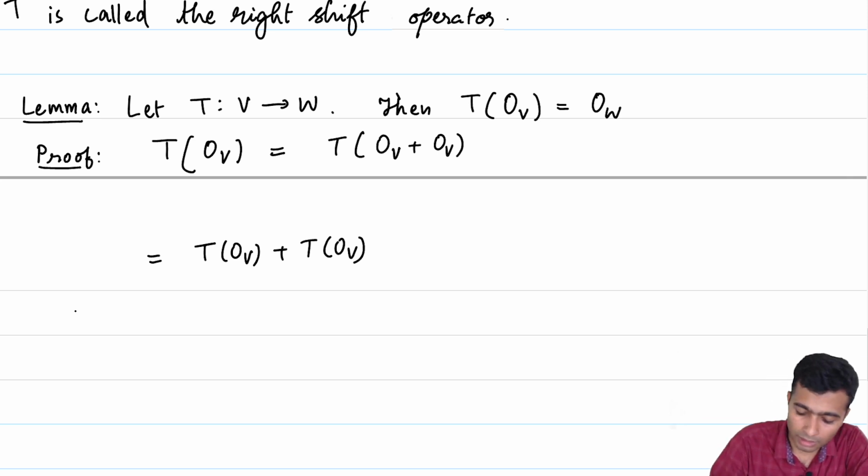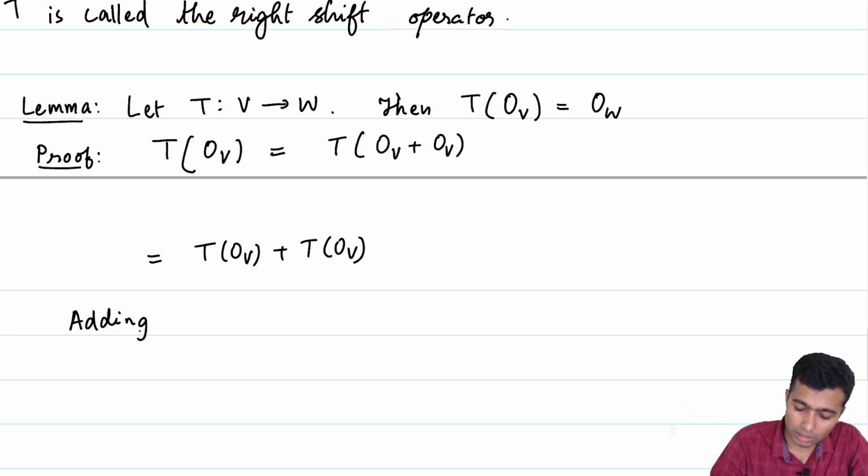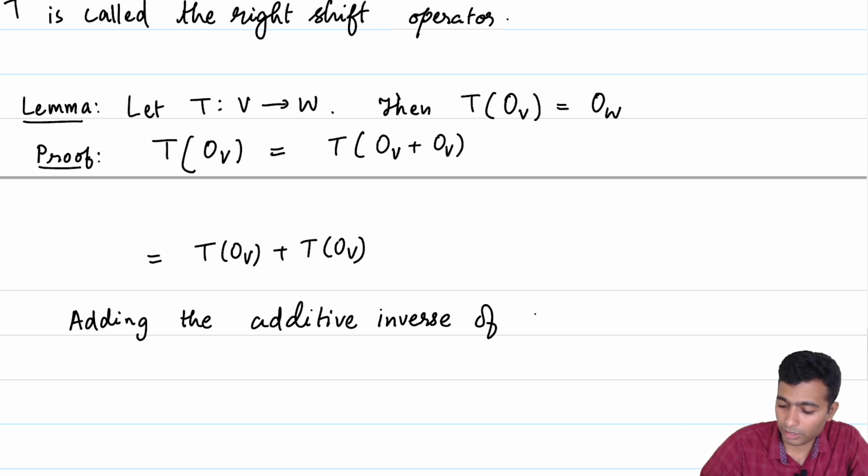Remember that T of 0V is some vector in W. Adding the additive inverse of this vector T of 0V to both sides, what do we have?